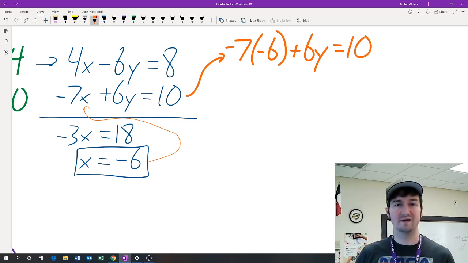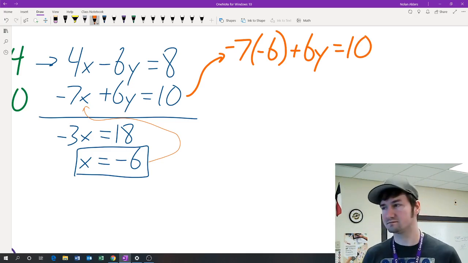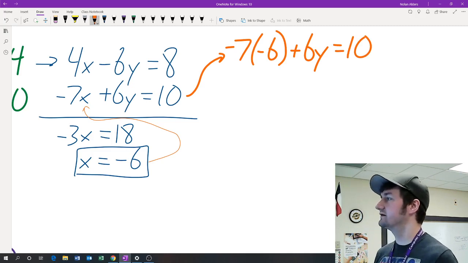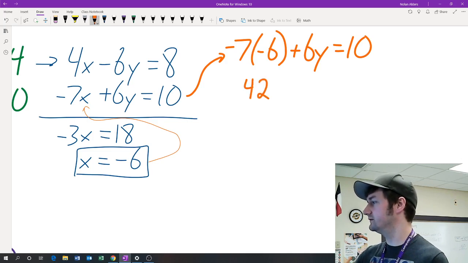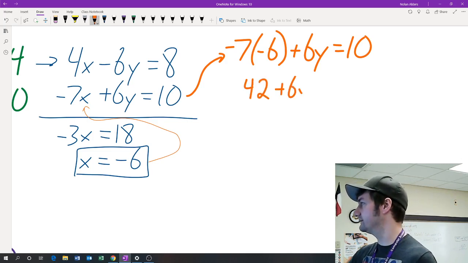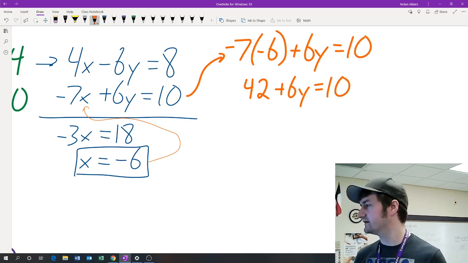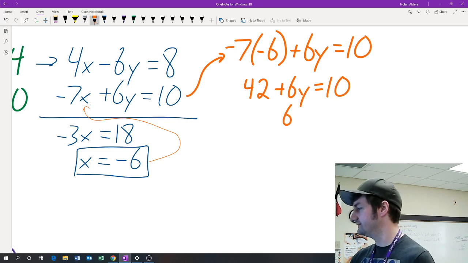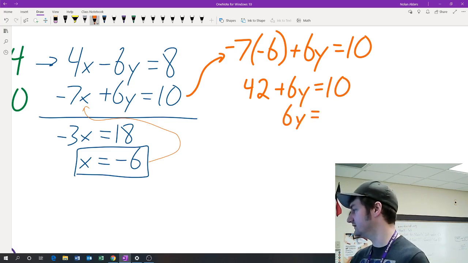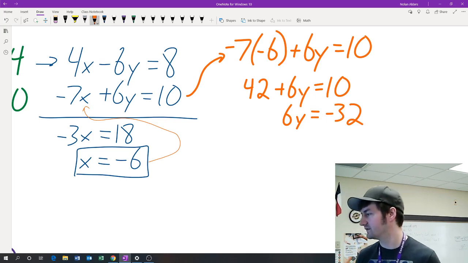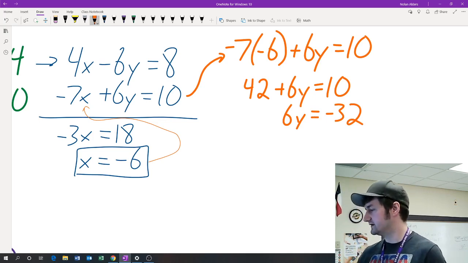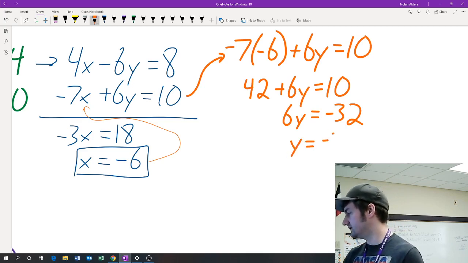Now, we'll simplify the equation and solve. Negative 7 times negative 6 gives us a positive 42, plus 6y equals 10. We can subtract the 42 over to the right side, and we'll get 6y equals negative 32. Now we can divide by 6. y equals negative 32 over 6.